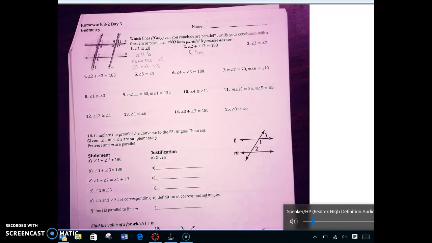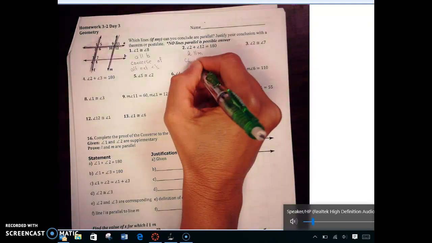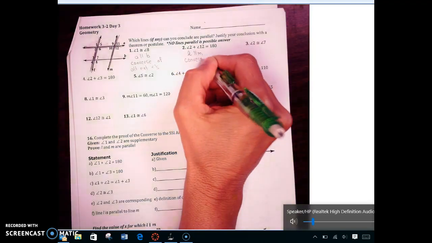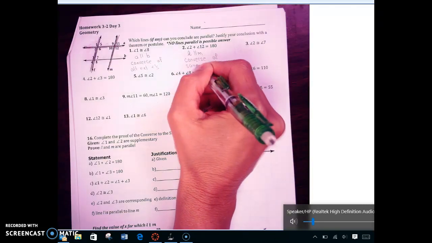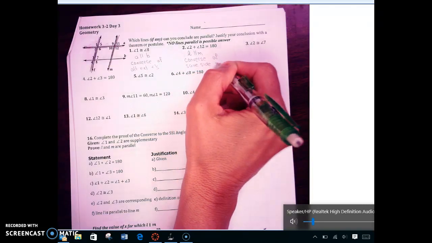So that means they're exterior, so they're either alternate exterior or same side exterior. Well, in this case, they're on the same side of the transversal, which means they're supplementary as well, which is 180. So in this case, I have the converse of same side exterior angles.